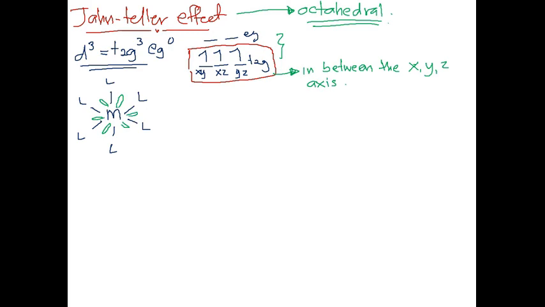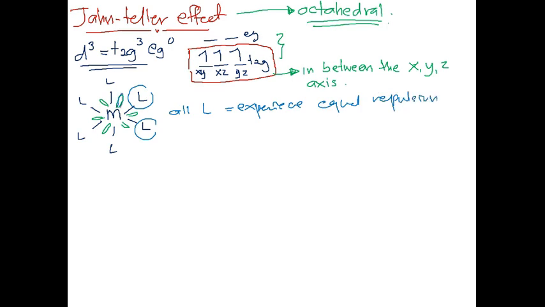For an octahedral geometry, sebenarnya dia tak duduk in between the axes. The ligands sit on the axes. But bila d3, the electrons fit in between the axes. So all the ligands will experience equal repulsion. Kenapa equal repulsion?